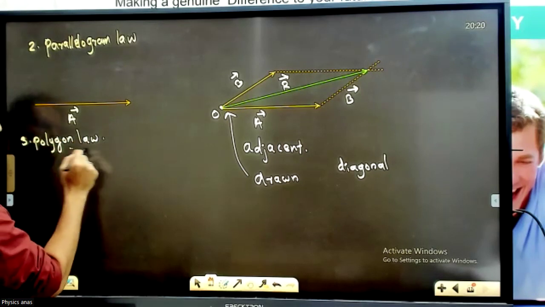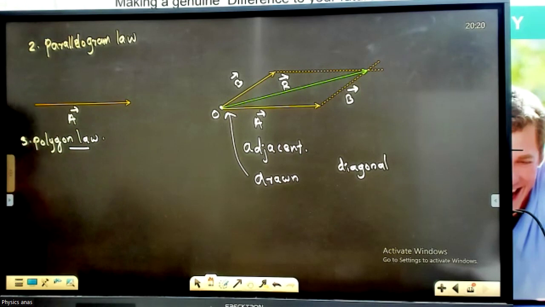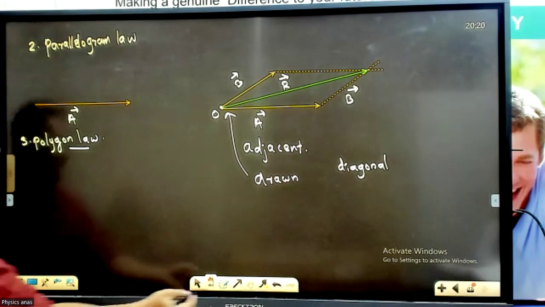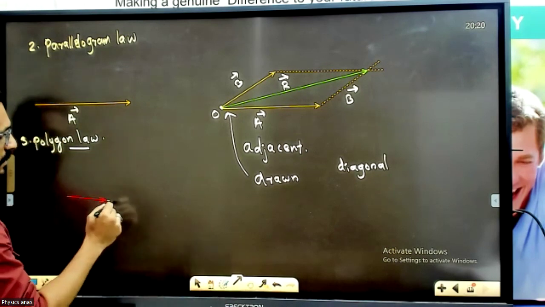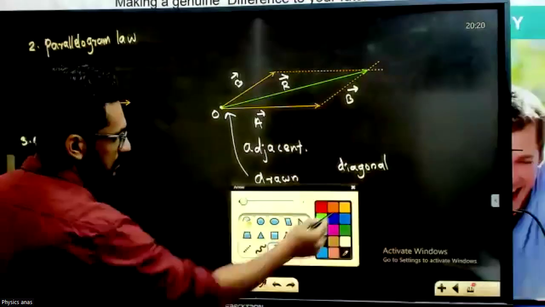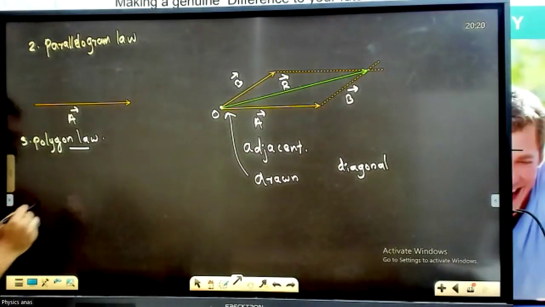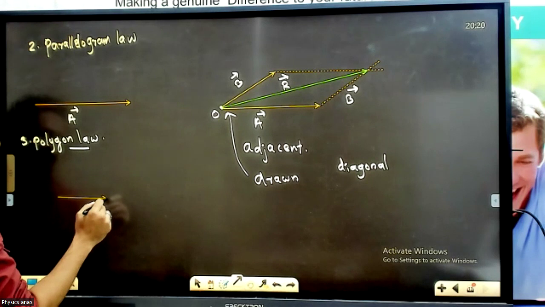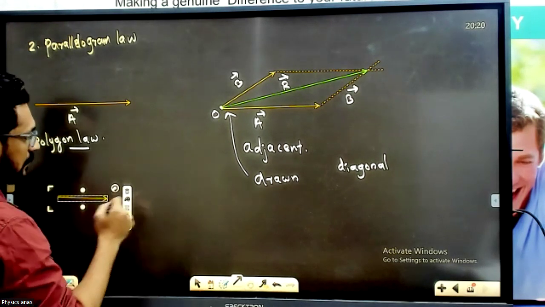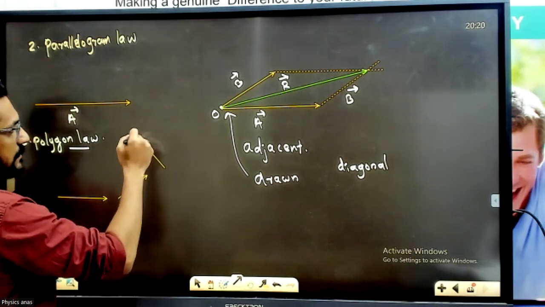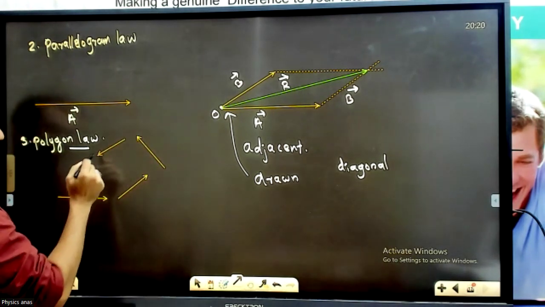Polygon law means more than three sides. If you have more than 2 vectors, this is first vector, this is second vector, this is third vector, this is fourth vector.